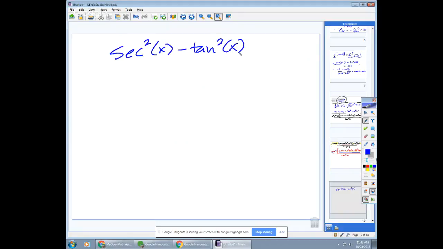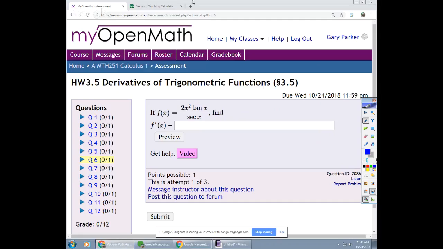Anytime you have squared trig function, you should think, ooh, Pythagorean identity. Is that in your cheat sheet, Ben? No? Okay. So I'm just going to look up trig identities, and I bet we're going to find that sucker online.